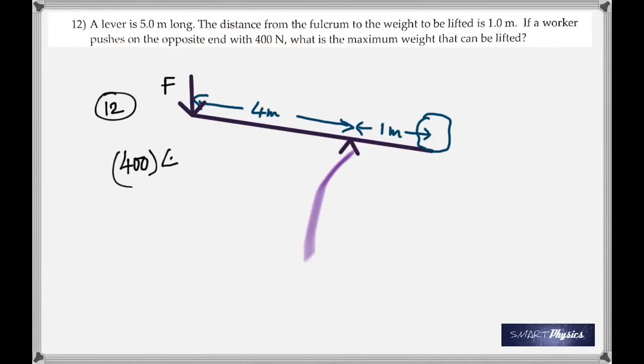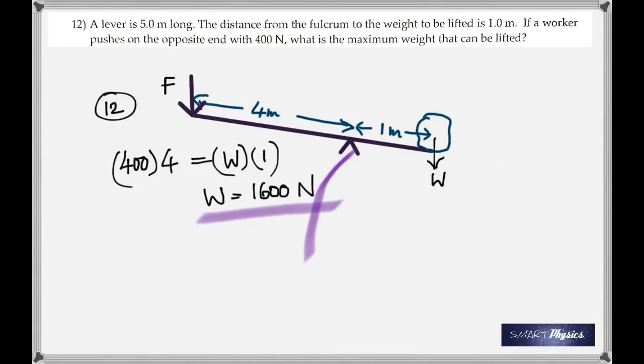So when you take the torque about the fulcrum, you see that F times 400 times 4 should be equal to W times 1. Total clockwise torque is equal to total counterclockwise torque, and you get it as 1600 newtons is the maximum weight that can be lifted.